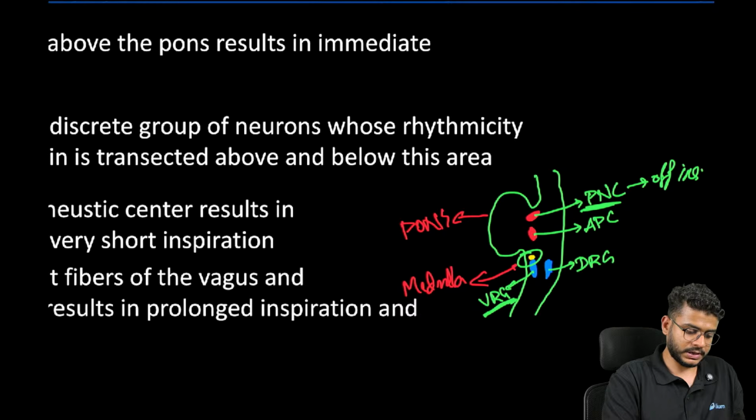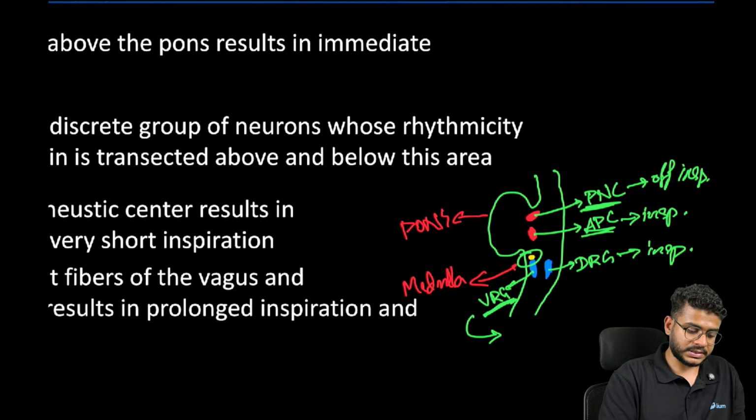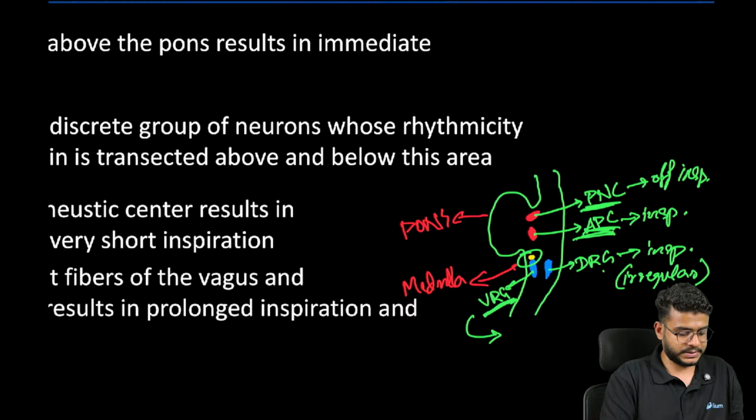Apneustic center for inspiration, DRG for inspiration. The inspiration caused by DRG will be irregular, so it is regulated by the pontine centers, by PNC and APC.